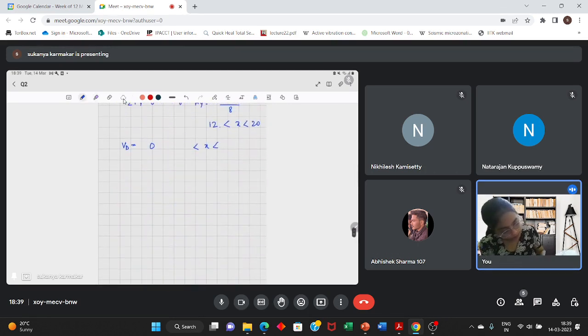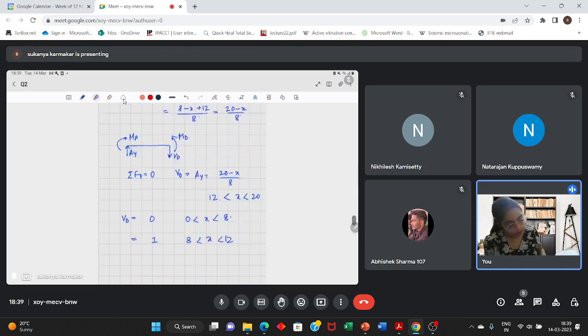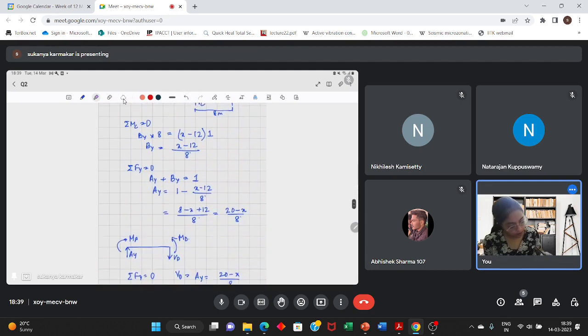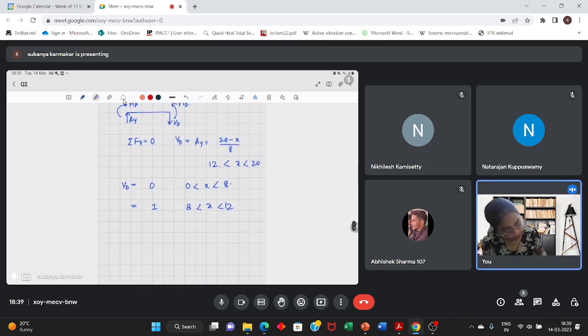It is equal to 1 when x is between 8 to 12, and we get that from here. And lastly, we get one more relation from here, that is equal to (20 minus x) by 8 when it is between 12 to 20.